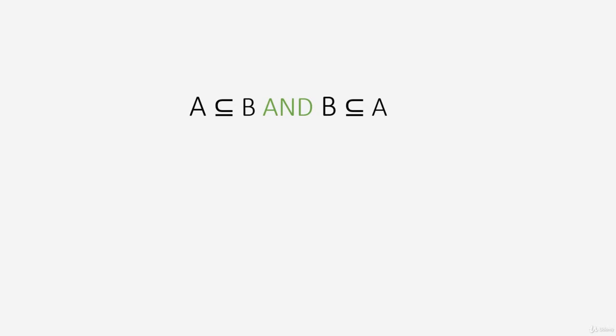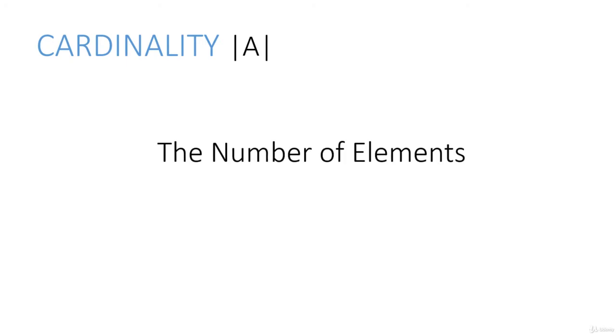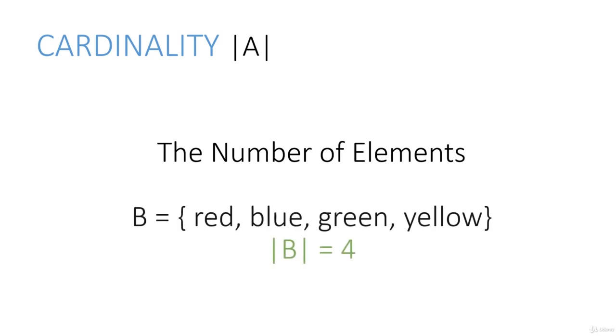Another important thing is the cardinality of a set, and it is just the number of elements in the set. We use this notation to describe cardinality. So if we have set B containing red, blue, green and yellow, the cardinality of this set B is 4, because B contains 4 elements.